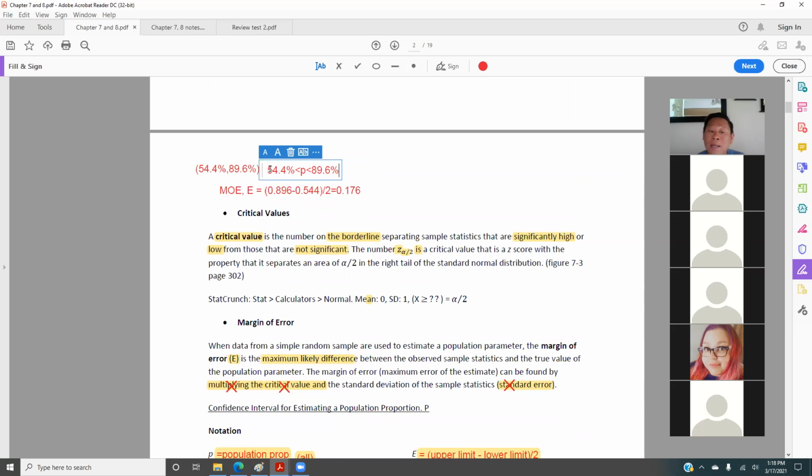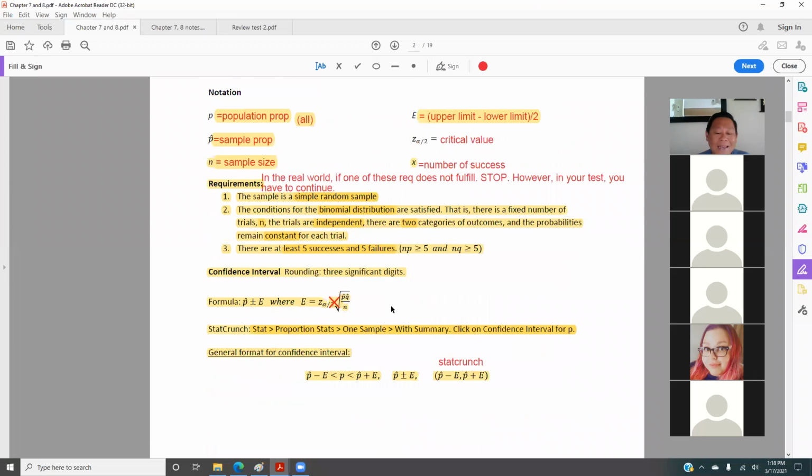On a test, I don't care which way you write. You can write the first way, which is the StatCrunch way, which I suggest, or the other way, where you just put a P in between.